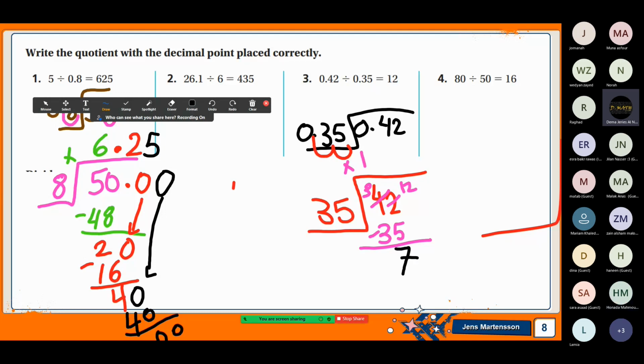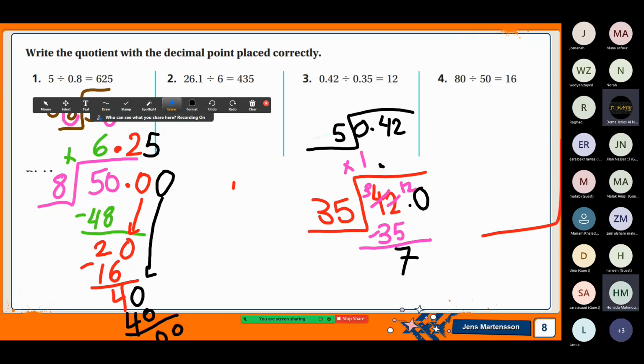Bravo. Do we have a remainder? Yes, the 7. So what do you have to do next? We have to add a decimal point and 0. You will add the decimal point and 0 down and up.